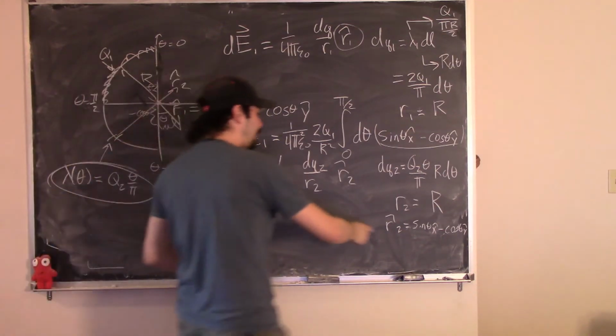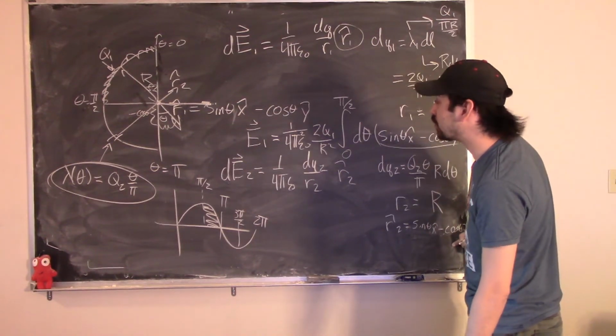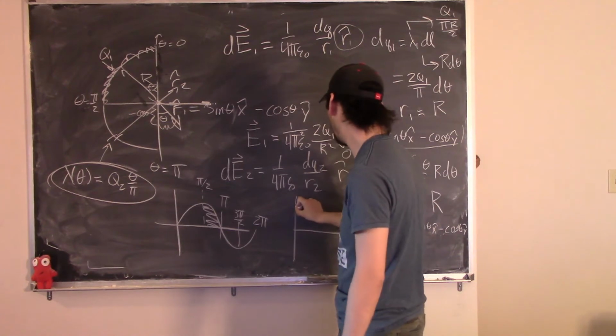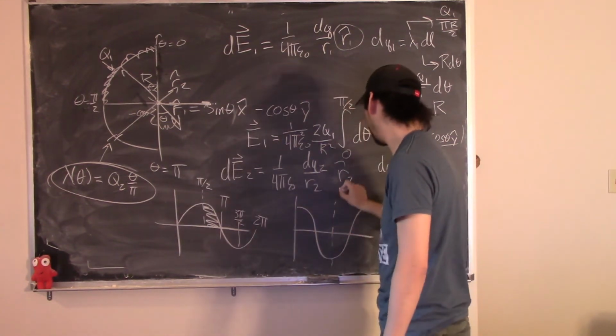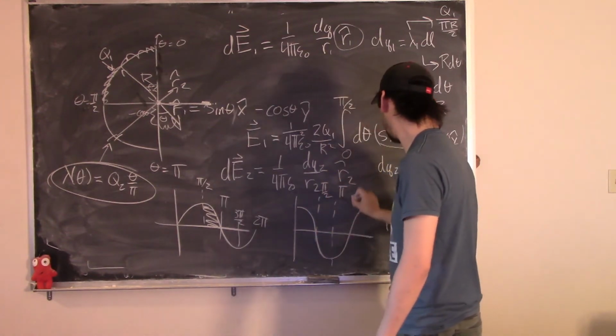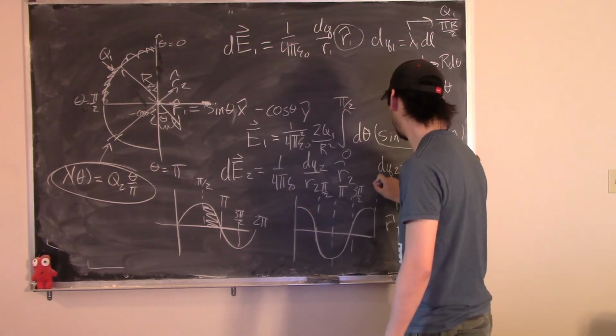But now let's see what happens when I plug in something between pi over 2 and pi for cosine. So if I plot my cosine, this looks like this. So this is pi over 2, this is 3 pi over 2, and this is 2 pi.